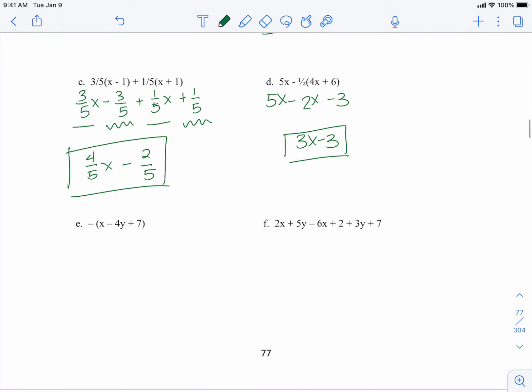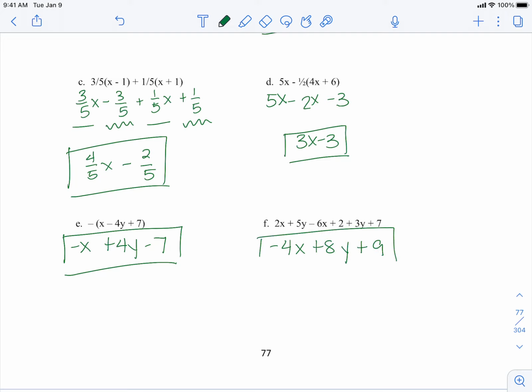For E, we have negative x plus 4y minus 7, and that's actually as simplified as we can get. None of those are like terms. And then for F, when we combine like terms, we have negative 4x plus 8y plus 9.